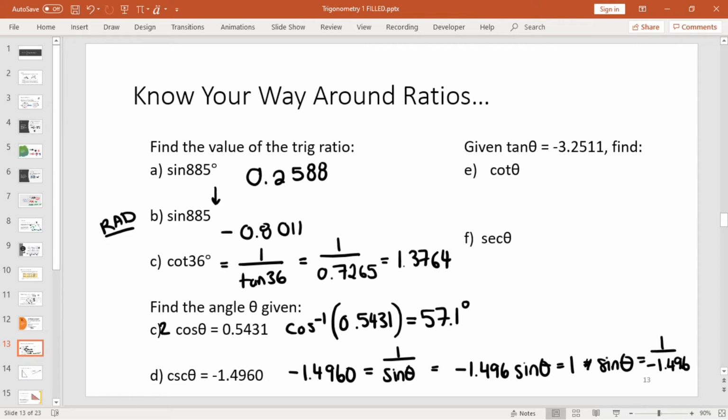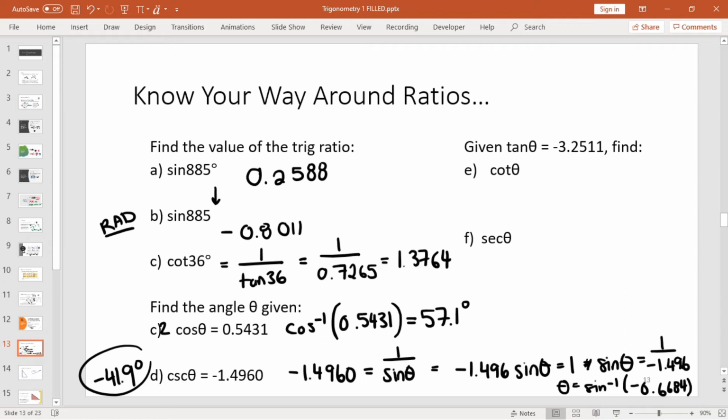And in order to get that angle, it's getting very tight in here, we are just going to do theta equals sine to the negative 1 of 0.6684, which is 1 divided by negative 1.496, and you're going to get an answer of negative 41.9 degrees. So it can get very confusing sometimes, so really try and get what they're asking you for.